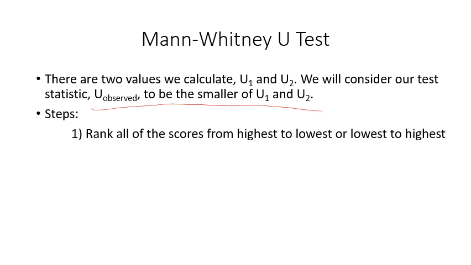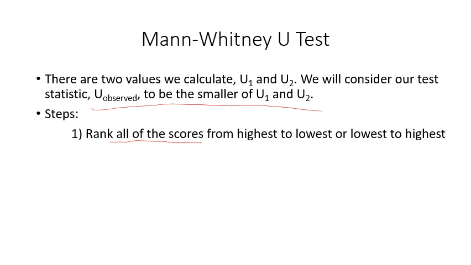We are going to rank all of the scores from the highest to lowest, ignoring what group they're in. This is all scores, and that's very important. You're ranking all scores irrespective of what group they're in. It doesn't matter if it was fathers or mothers.